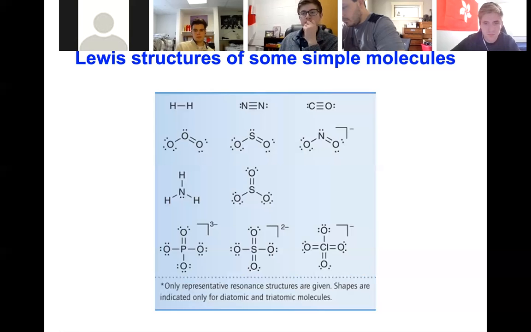So for these 2 oxygens here, they only have 1 bond, that's enough. Then they have 3 lone pairs left over. So each of these oxygens has 8 electrons, right? Does that make sense? And the bottom oxygen and the top oxygen also have 8 electrons.